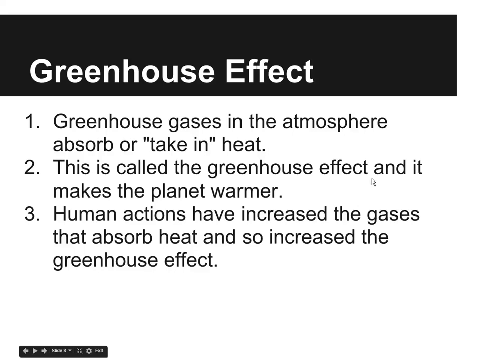This is called the greenhouse effect, and it makes the planet warmer. When our atmosphere traps heat, we call that the greenhouse effect, because it's similar to the way a plastic or glass greenhouse works. Light energy comes in and changes into different types of energy and gets trapped inside that greenhouse.